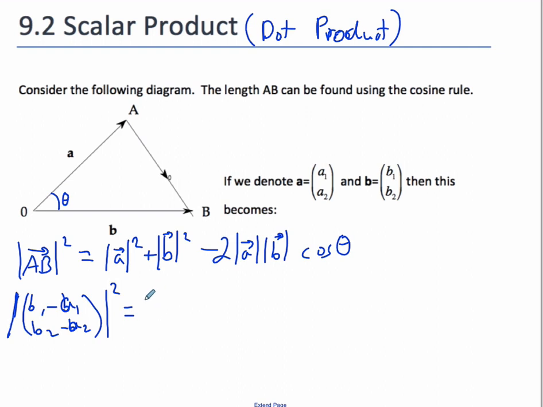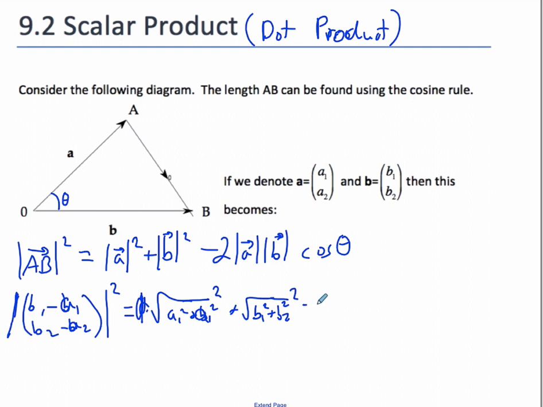And over here, the magnitude of a is just the square root of a1 squared plus a2 squared, and this is all squared, so the square roots will cancel. Then we're going to have b1 squared plus b2 squared.